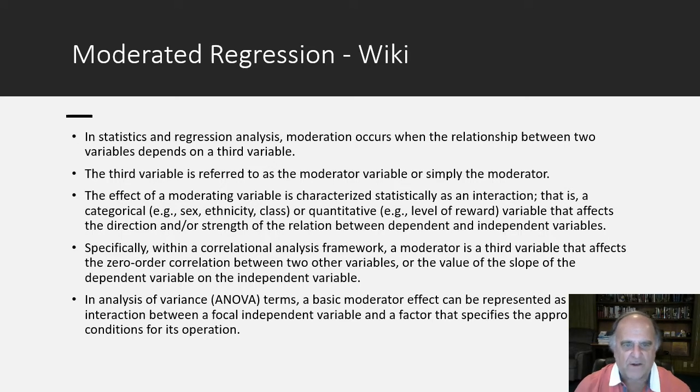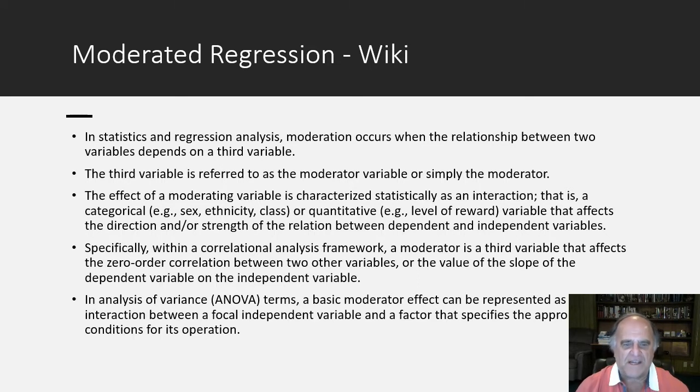That is, a categorical (e.g., sex, ethnicity, class) or quantitative (e.g., level of reward) variable that affects the direction and/or strength of the relation between dependent and independent variables. Specifically, within a correlational analysis framework, a moderator is a third variable that affects the zero-order correlation between two other variables, or, in regression, the value of the slope of the dependent variable on the independent variable.